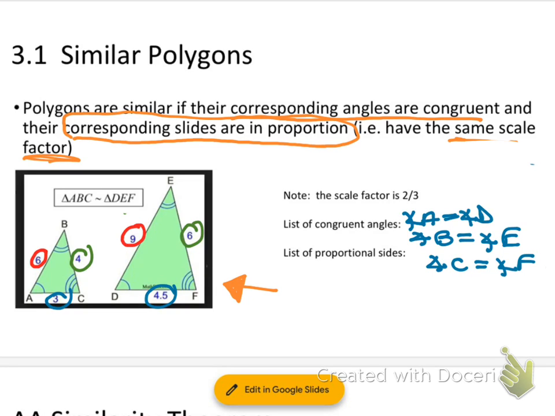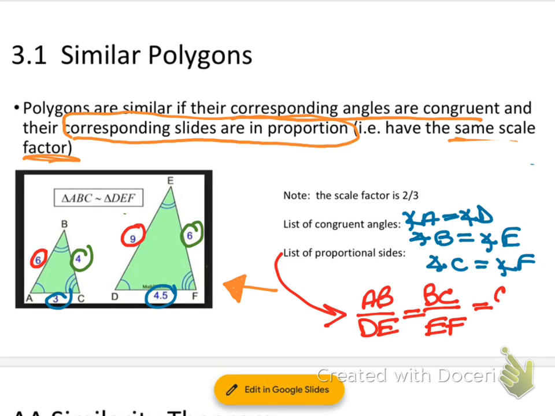Okay, so that's one thing I'm going to ask you about these. The second thing is give me the list of the proportional sides. So again, using the similarity statement, AB, using letters to name the sides, is to DE, just like BC is to EF, just like CA is to FD.